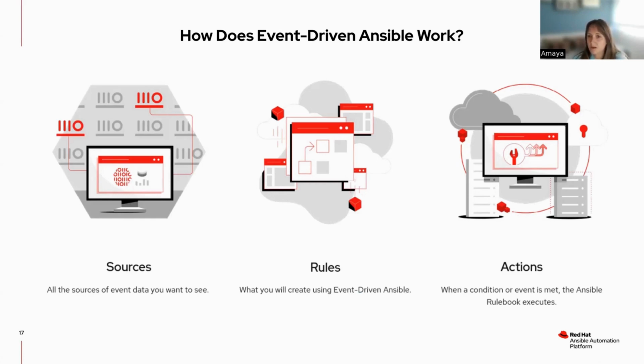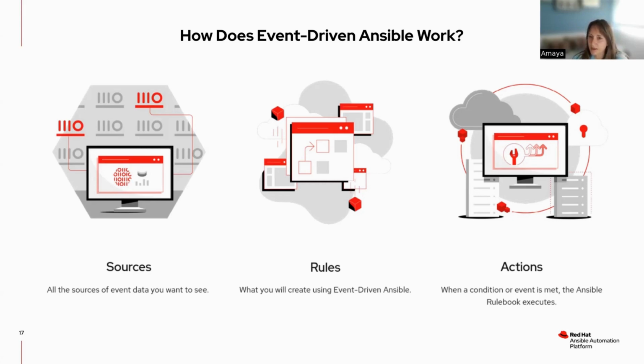So let's consider another example. Your observability tool, that is the event source, is watching network routers and discovers that a router is not responding, recognizing this as an event. Event-driven Ansible receives this event, finds the corresponding Ansible rulebook, and then matches the event with the desired action.